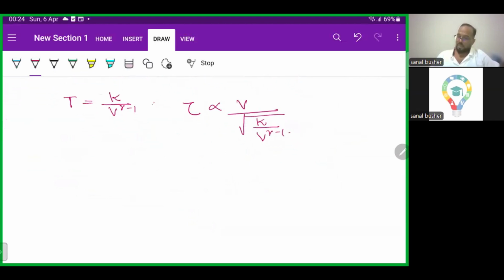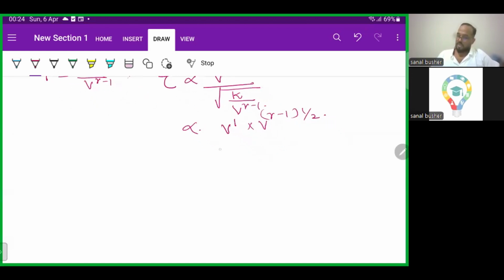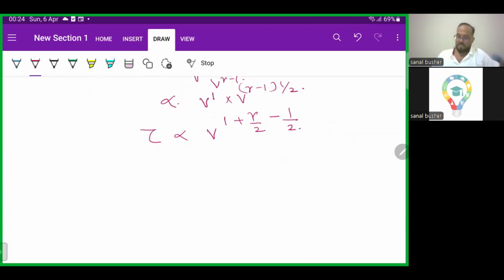Simplifying, V to the power 1 into V to the power gamma minus 1 by 2, so tau is proportional to V to the power 1 plus gamma by 2 minus 1 by 2, which is V to the power 1 plus gamma by 2. So this is the tau relation with the volume.